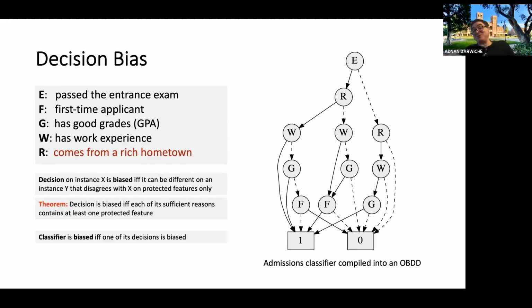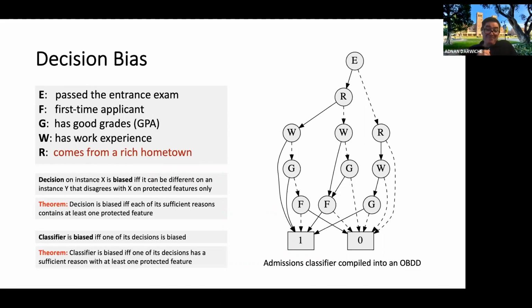And here's another interesting theorem. We're going to say a classifier is biased if it makes at least one biased decision. What does this mean? That means even a biased classifier may still make some unbiased decisions. It doesn't mean every decision is biased. I just need some decisions to be biased, and I'm going to call it a biased classifier. Here's another theorem.